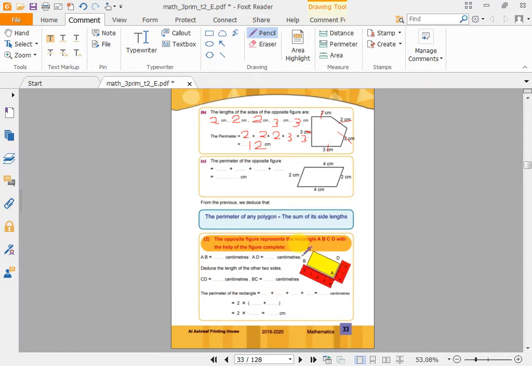AB equals, the side length of AB equals 4. Write 4. And AD equals 2.